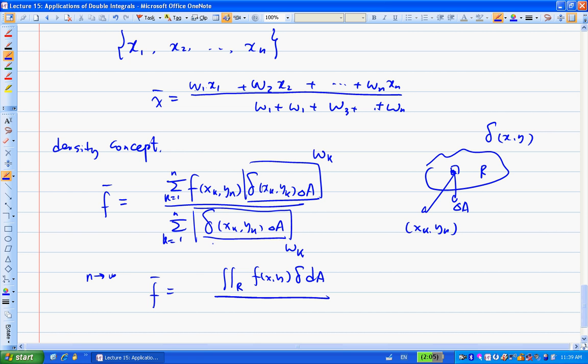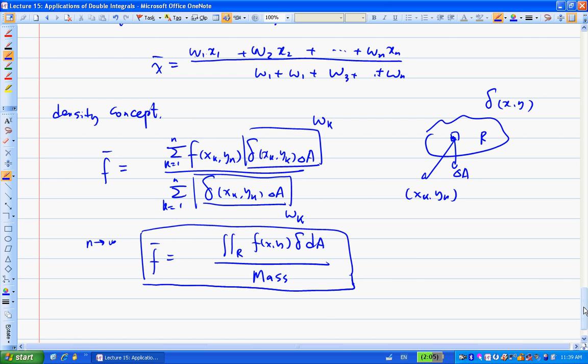When you add all of them up, you get the total mass. So this is basically the weighted average of this function f. Yes, it will be a double integral. However, you know that the double integral gives you the mass.